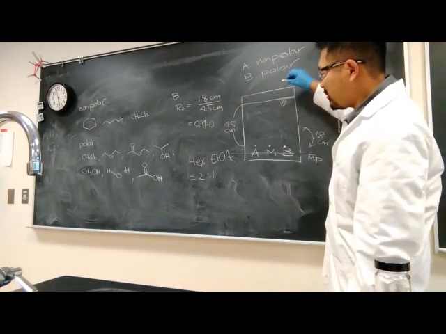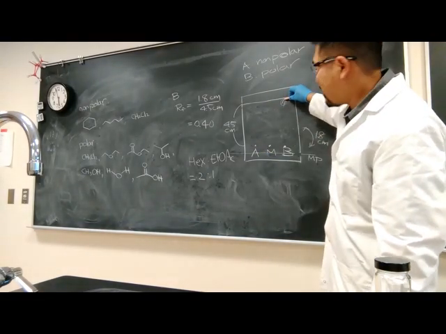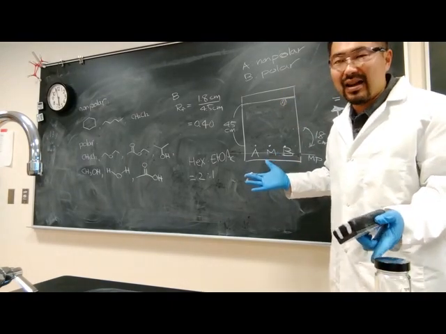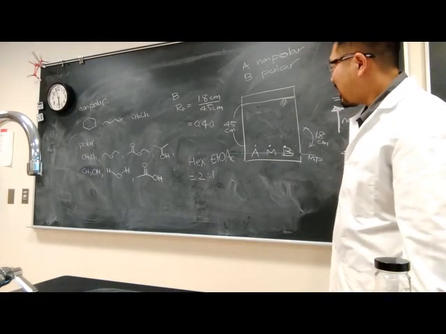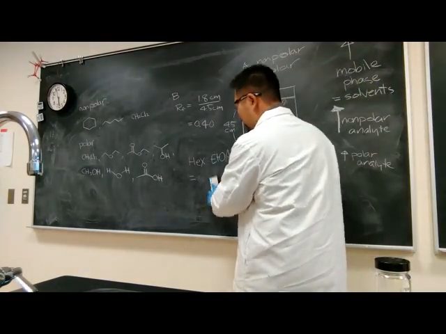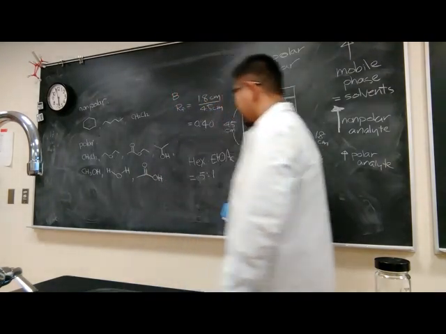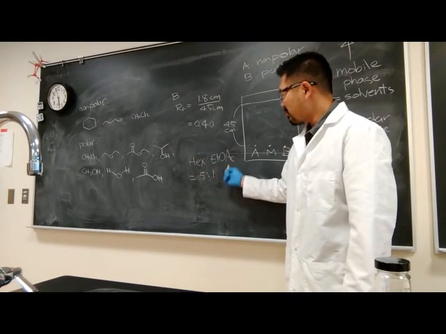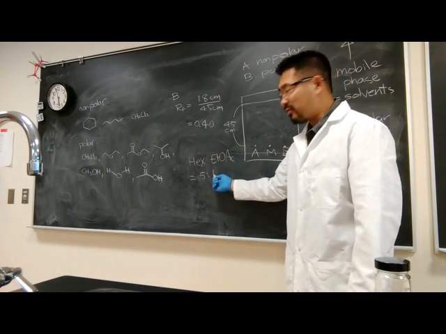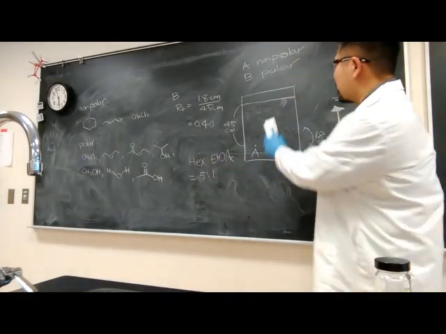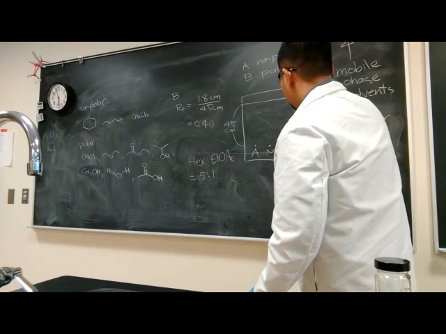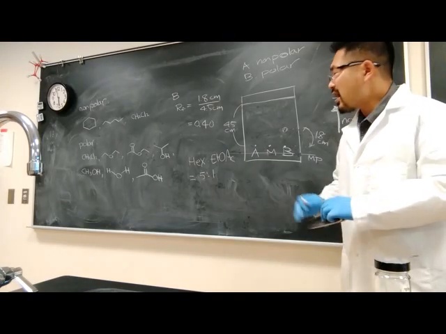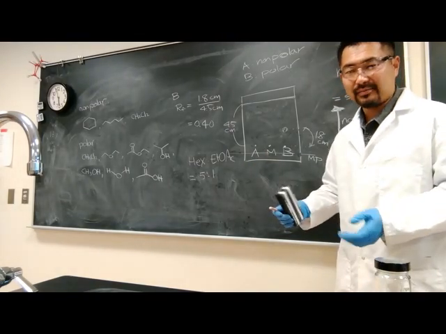And let's say that turned out to be too polar because all your analytes traveled way too fast, and all the RF values ended up to be like 0.9 or higher, too high. Then what you can do is to adjust the ratio to something like 5 to 1 or something like that, and that way it would have a lower proportion of polar component of the mobile phase mixture. So then things will slow down and your analyte won't travel as fast in that instance. Okay, so that's how you will pick your mobile phase.